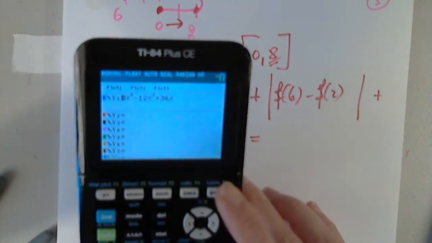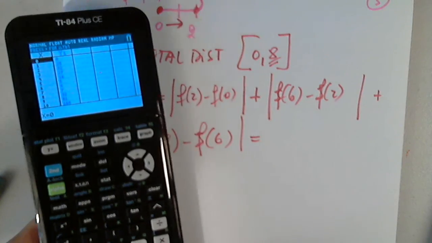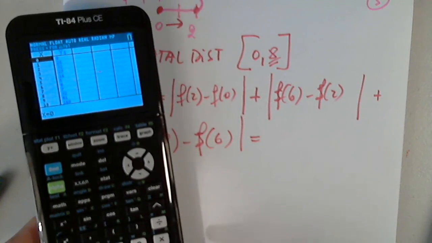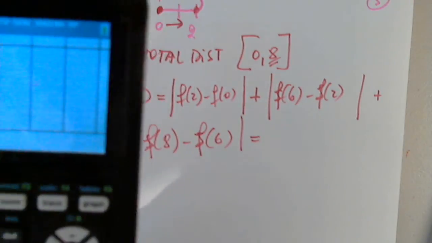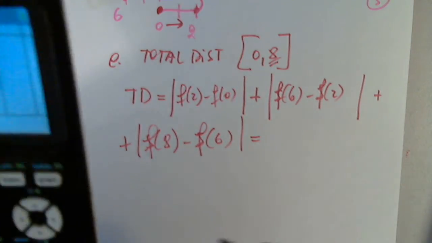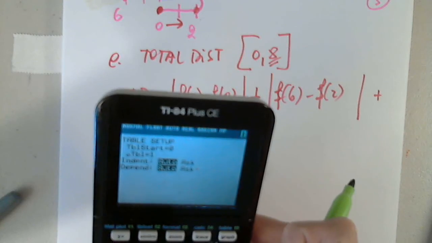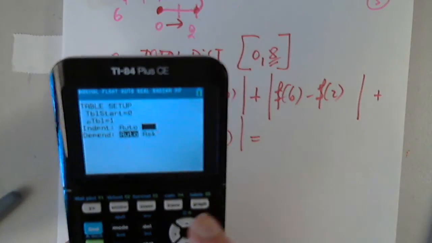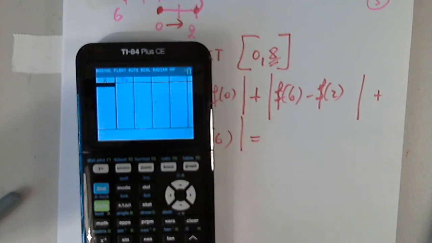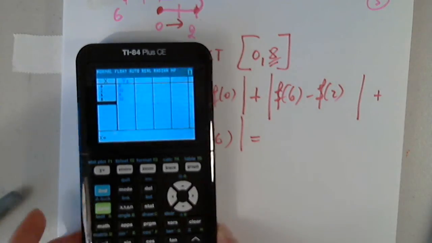And then second and table. I'm going to plug in 0, 2, 6, and 8, and I'm just going to copy them now.